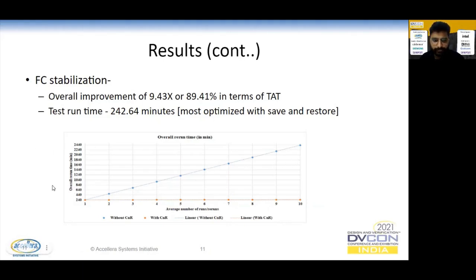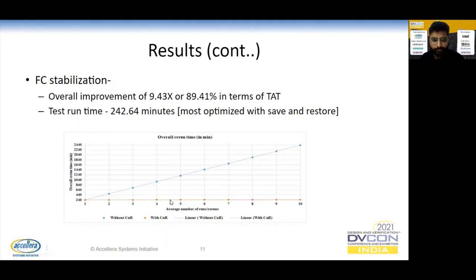If we observe this graph, we can see that with the number of iterations, the overall rerun time is increasing. If an engineer requires only one rerun, then it will be similar in the case of manual or tool-based debug. But if the engineer goes for more iterations to fix the coverage code or coverage monitor, definitely this time will keep increasing, and you will find this graph.